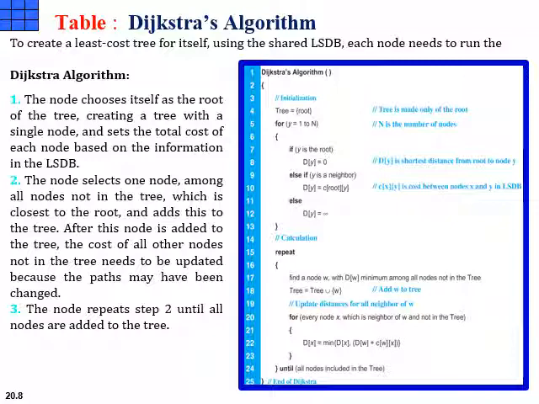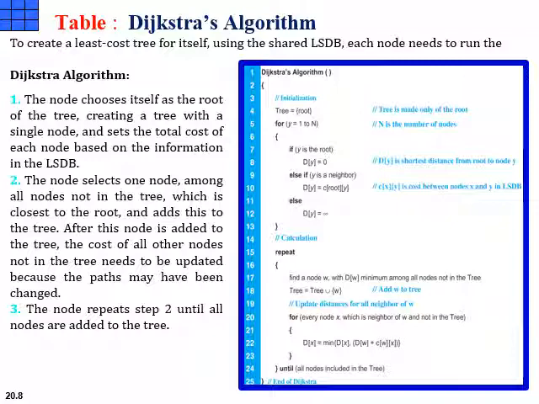Dijkstra's algorithm goes like this. The node chooses itself as the root of the tree, creating a tree with a single node, and sets the total cost of each node based on the information in the link state database. The node selects one node among all nodes not in the tree which is closest to the root and adds it to the tree.